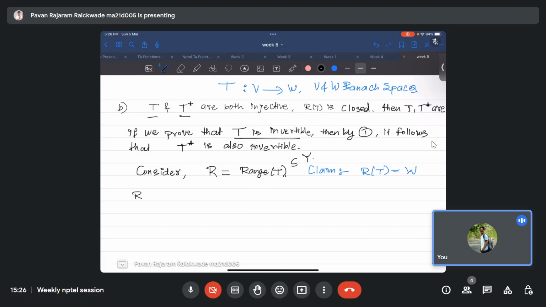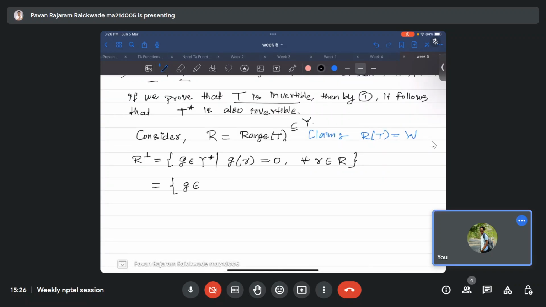So what is R perp? This is the set of all linear functionals on Y such that G of r is 0 for all r belonging to R. That means G in Y star such that G of R, where R is the range of T. For every element in the range there exists a pre-image in the domain, so I can write this as T of x for all x in X. The range space looks like this only.